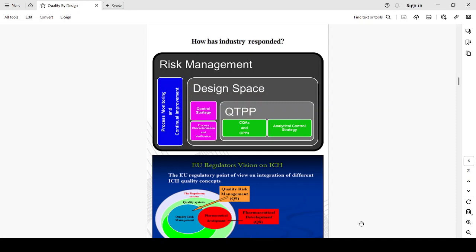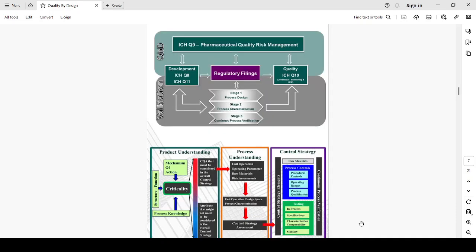The European regulators' vision on ICH is an integration of different ICH quality concepts. As per European Union regulations, quality risk management, which is Q9, is connected with pharmaceutical development, Q8. Now in Q9, the quality risk management, as per regulatory filings, stage 1 is process design.